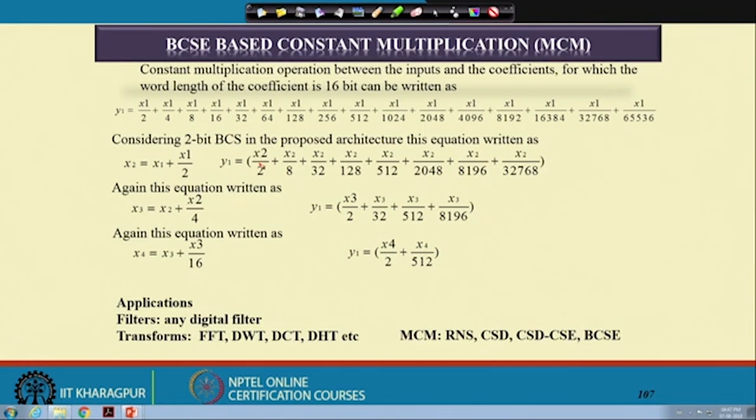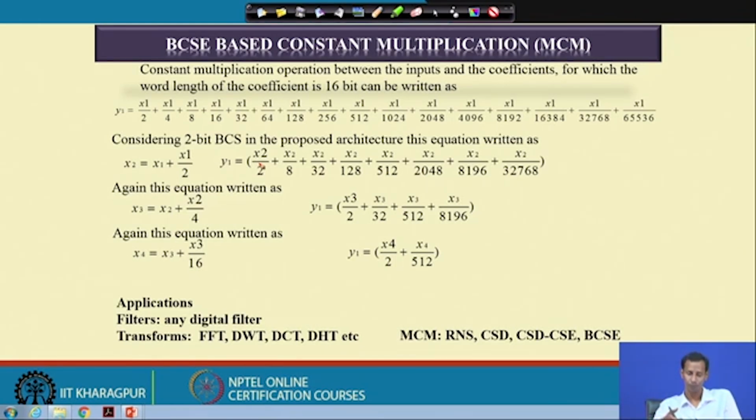So, that means for one constant multiplier I am saving 3 addition operations. So, the more constant multiplications are required for one filter implementation or for any transform implementation, the more constant multipliers I use, the more savings I can guarantee.